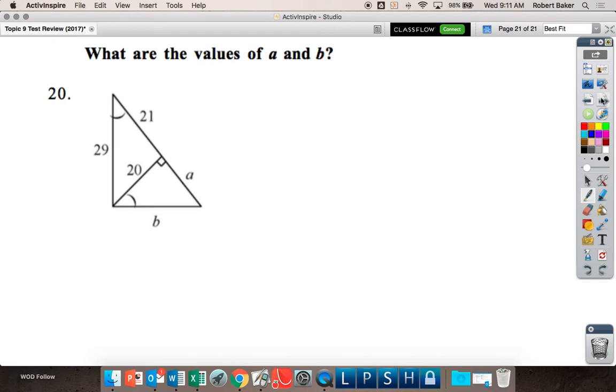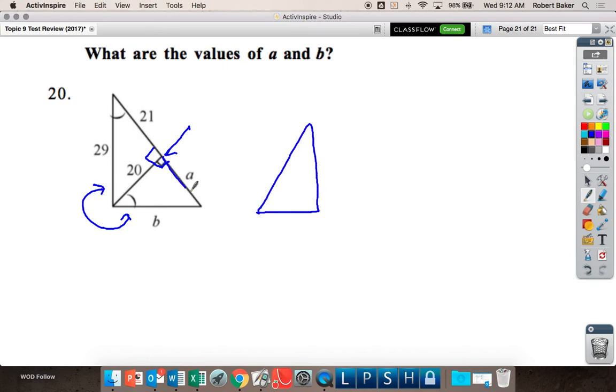Is this right triangles inside of right triangles? No, it's not. So you want to say that you're going to start drawing 3 right triangles, right? But there is no right angle right here. It doesn't say that's a right angle. You do know that this is 90 degrees. So if this piece is 90 degrees, how big is this piece? So you have just 2 right triangles.